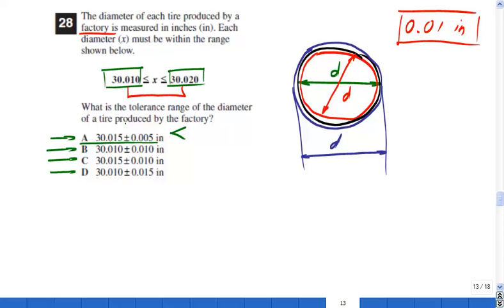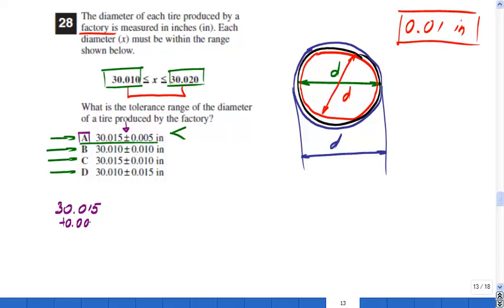In this one, what do you see? Well, you have two operations here. You have to add 0.005 and you have to subtract 0.005. I have 30.015 in A, I'm working on A right now. And I'm adding that difference, that length that will make my tire off the charts, that tolerance.